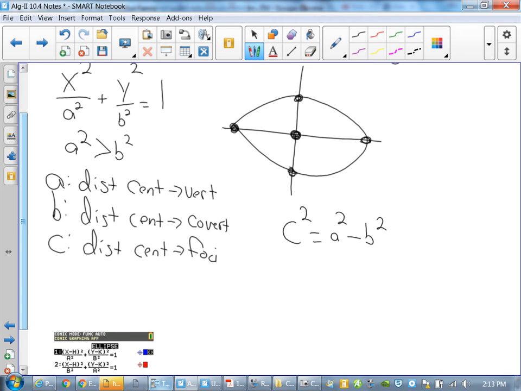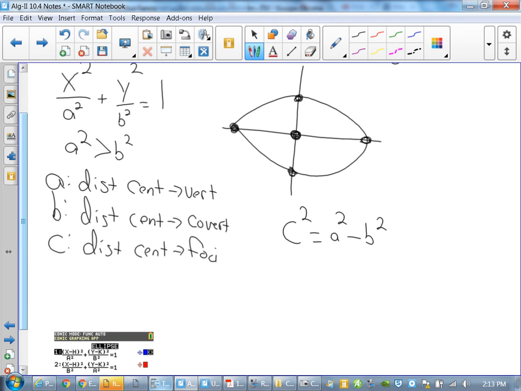The value of C squared is going to be the value of A squared minus B squared. The hyperbola will be the opposite. I'll explain why that is tomorrow.